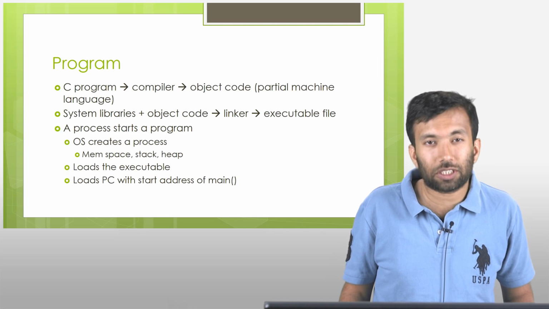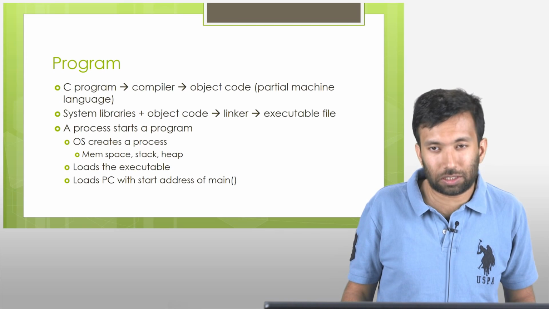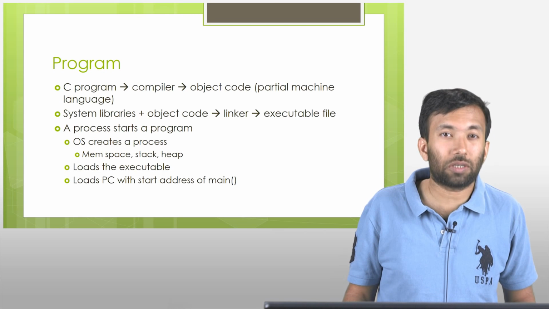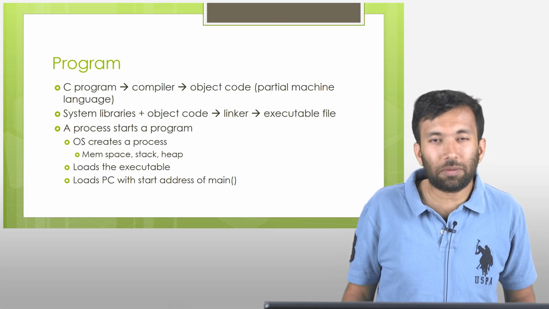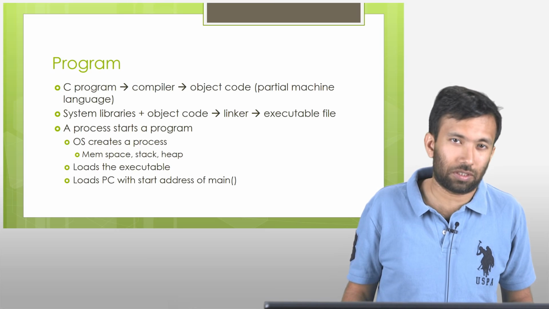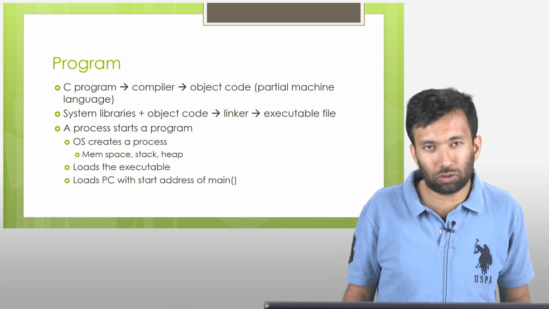We have to time share between a lot of processes, because a CPU system does not just run a single process, it runs multiple processes. So we have to time share between different processes. So how to time share between different processes? That is what we will talk about in the module 2.